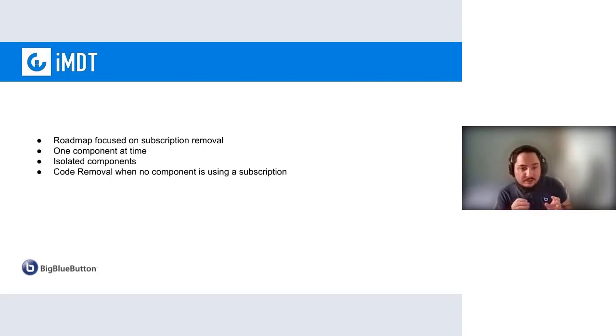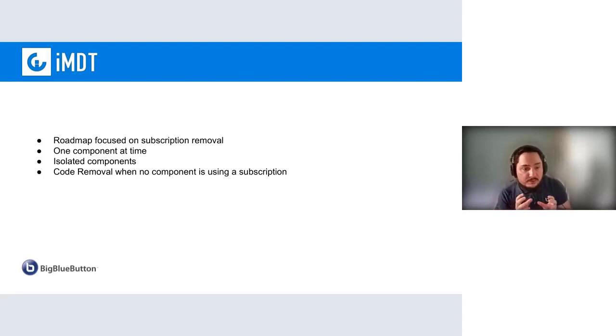This approach allows us to have the performance and flexibility of GraphQL at the same time that we don't block the other developers from continuing to develop, fix, and add new features to BBB.